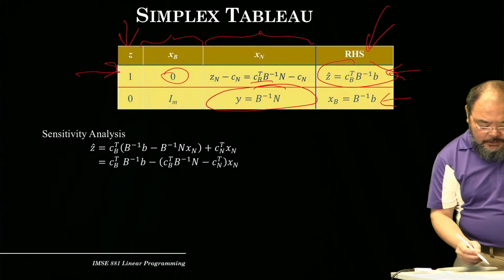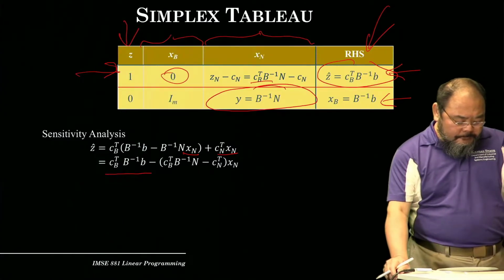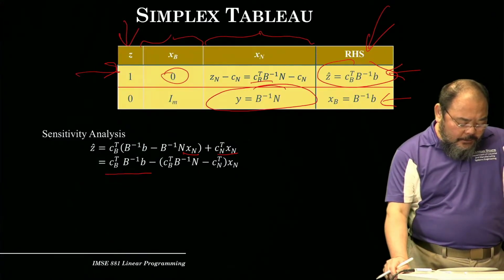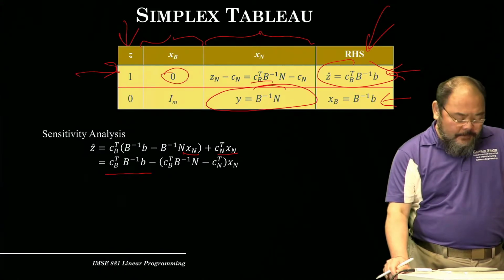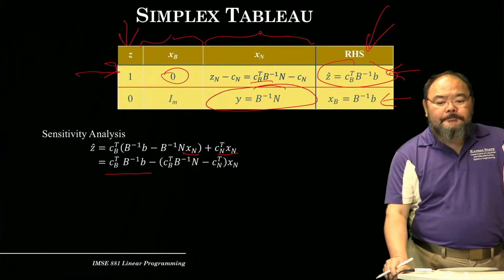Here we're going to collect terms for xn together. The first part we have is cb transpose times b inverse times b. And the second part, we have cb transpose times b inverse times n minus cn, times xn.